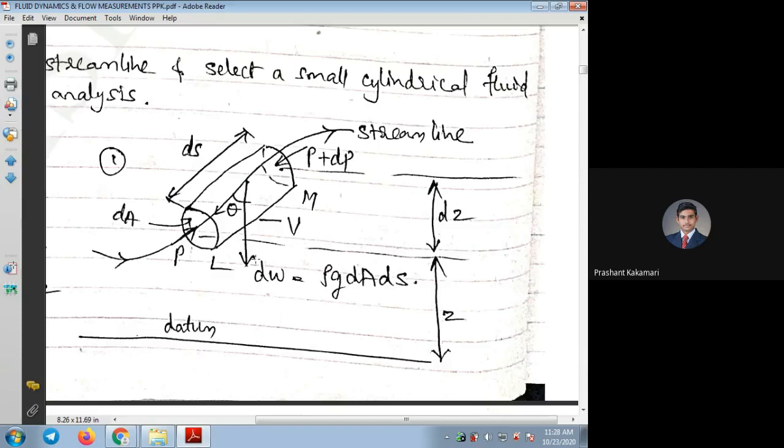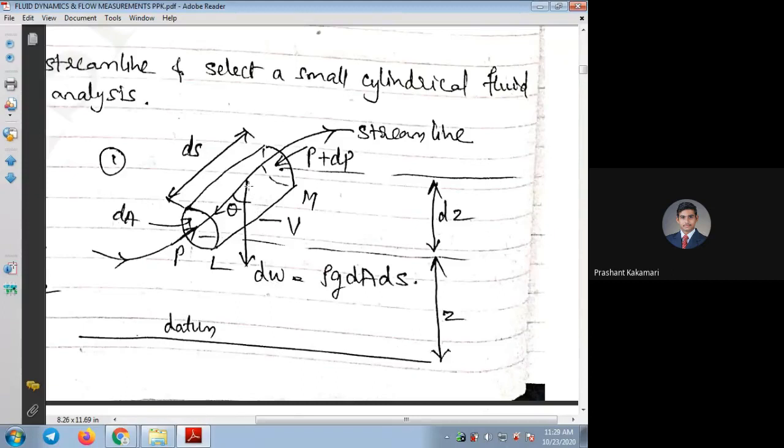As we told, in Euler's equation we are considering only the force due to gravity. That force due to gravity is the force due to weight, which is acting in the downward direction. And in the direction of this fluid path, we have taken one tangential line, which makes the angle theta. This is required to consider in which direction the flow is taking place, and according to that direction, how the weight is going to act.